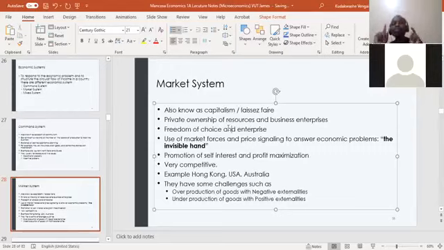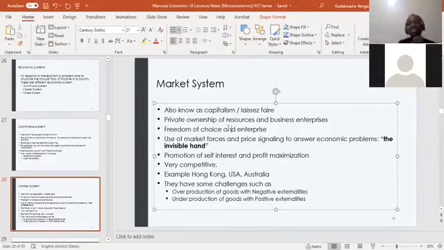So there are what we call market forces and price signaling, which is also called the invisible hand. The reason why it's called the invisible hand is that it is the hand that is pushing everyone to produce what actually is needed in the market through the use of prices. If something is not needed on the market, people will not demand it. That's a market force.